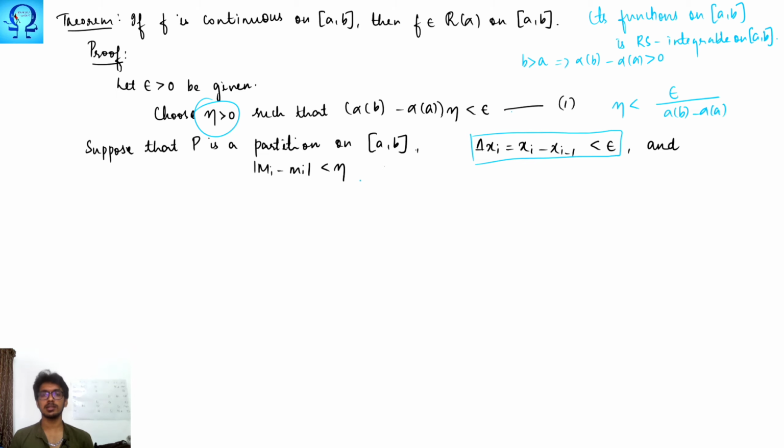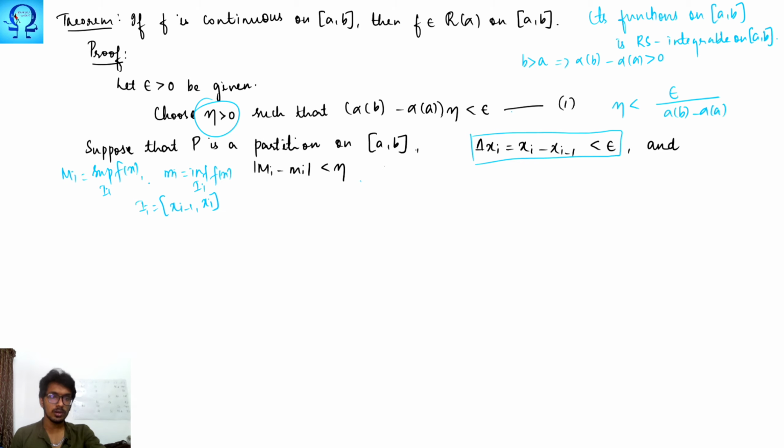No, because we know that Mi is the supremum of f of x in the subinterval Ii, and mi is the infimum of f of x in the subinterval Ii. This Ii is what? [x_{i-1}, x_i].